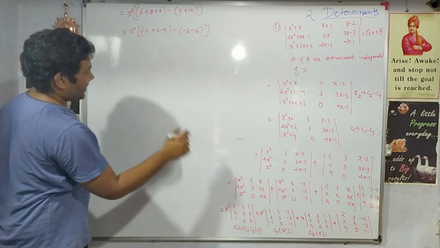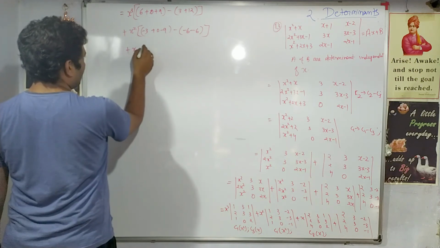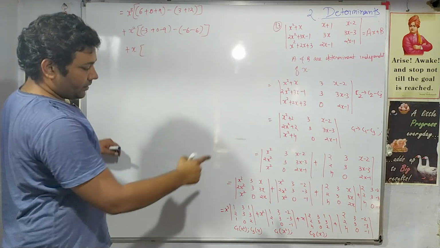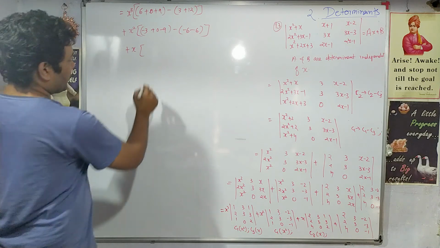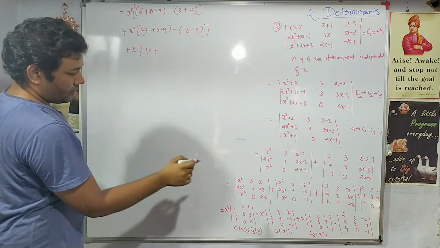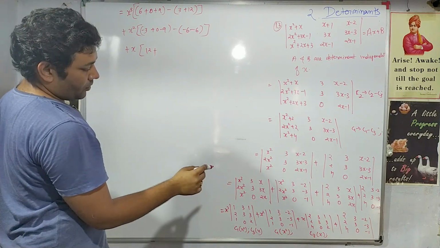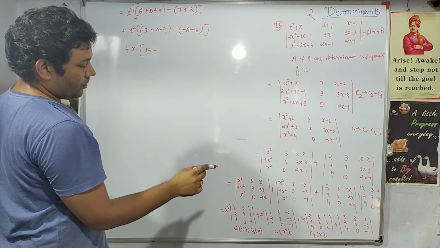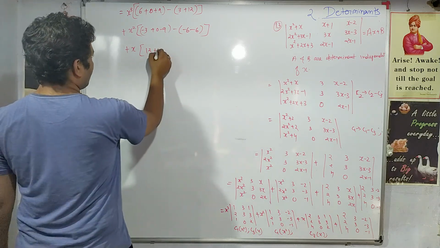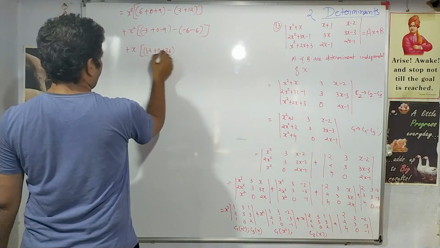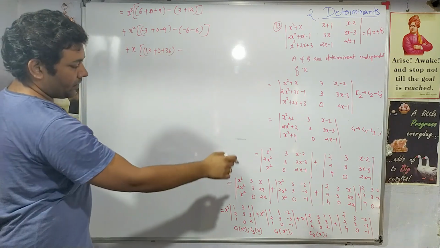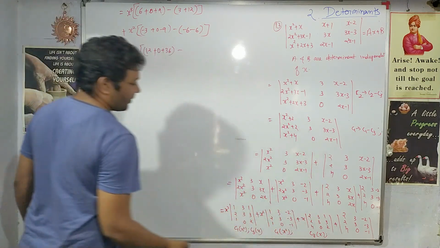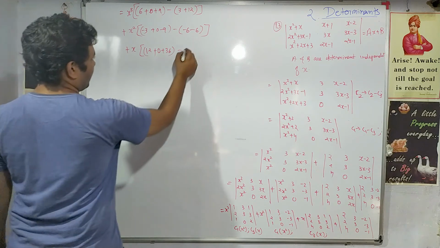Then I have x, so plus x into the determinant. 3 2s are 6, 6 2s are 12, plus then the star formation 0, 36, 0 and 36, minus right diagonal 4 3s are 12, correct?